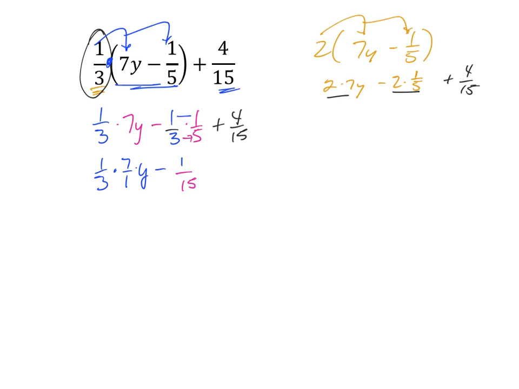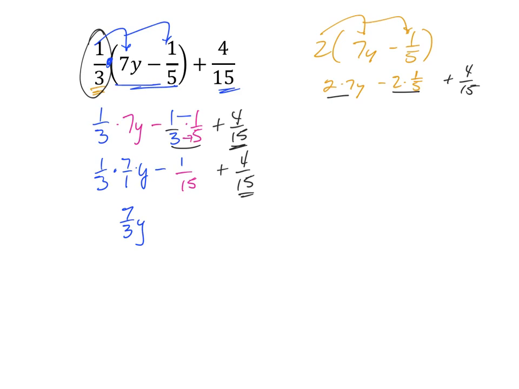And then we're going to have plus 4/15. Now remember, I'm purposely doing the 4/15 in black, so you can see it's not a part of the distribution. We just have to pay attention to it at the end to combine like terms. Now, we've taken care of this distribution. The 1/3 times 7y would wind up being 7/3 y.